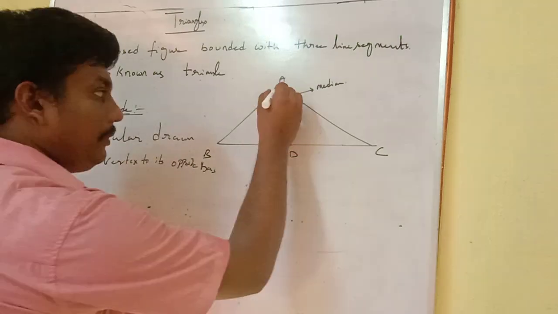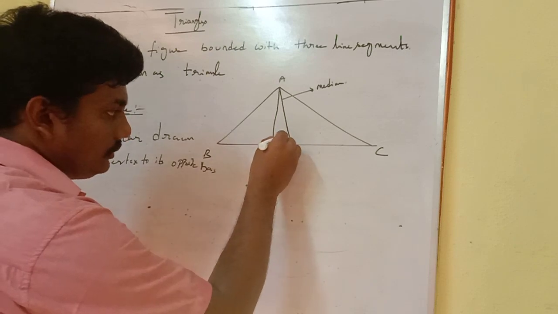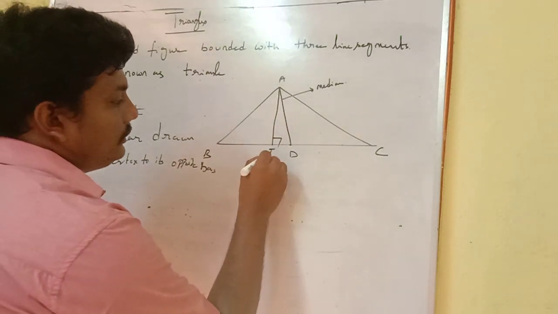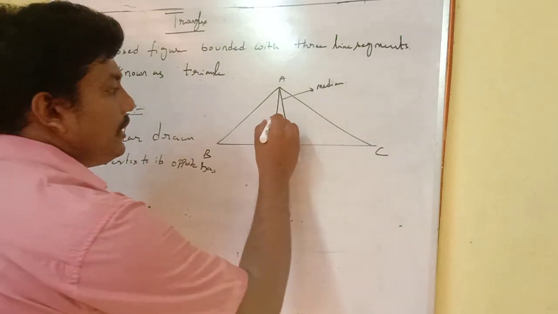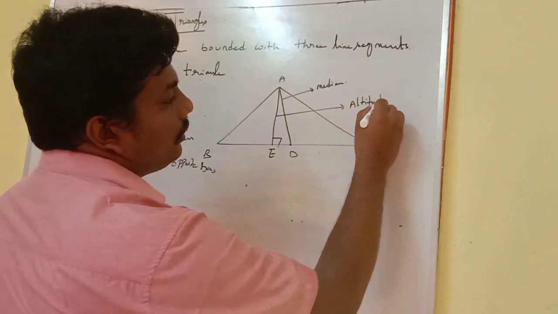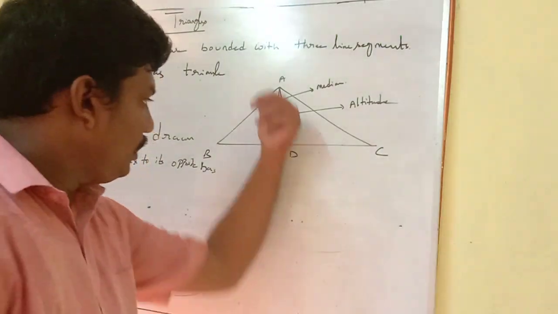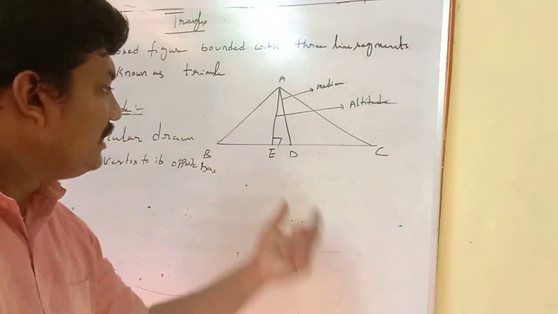If you draw a perpendicular from A to the base, one perpendicular we can draw. This is a perpendicular. You can take this point as E. So AE is called an altitude. Now you get an idea what an altitude is and what a median is.